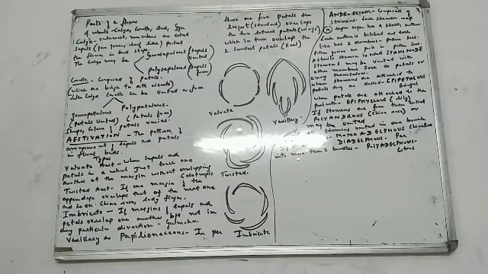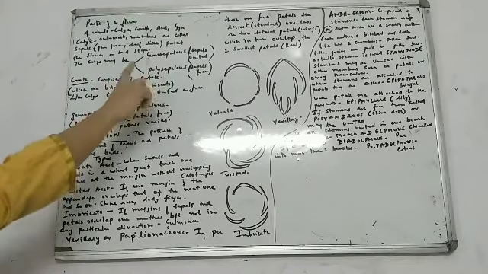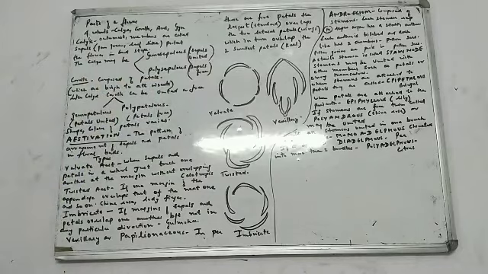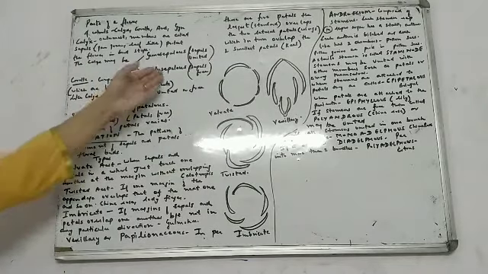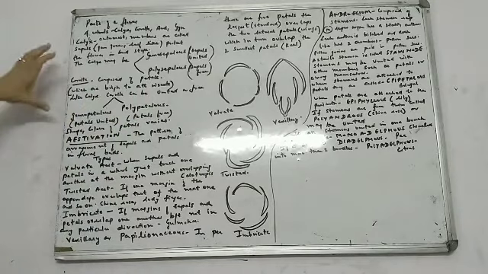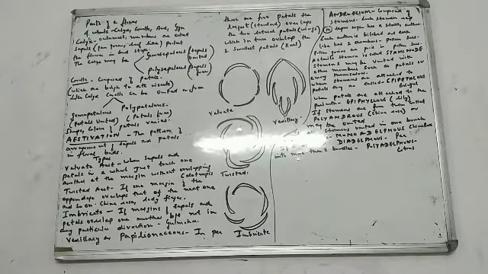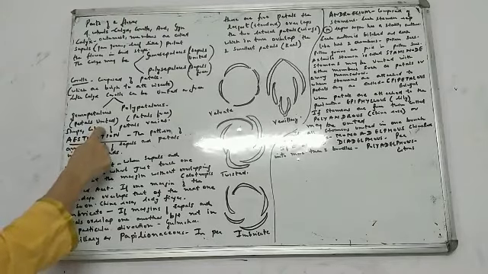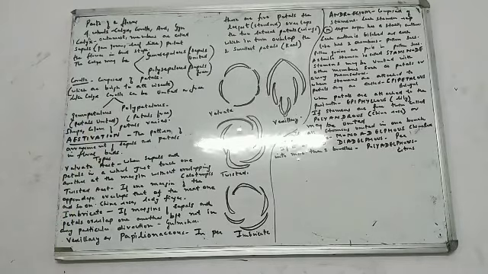So, gamosepalous and polysepalous. If the sepals are united, we call it gamosepalous, and if the sepals are free, we call it polysepalous. Like calyx, corolla also can have petals that are free or united. If the petals are united, we call the corolla gamopetalous, like gamosepalous when sepals were united.